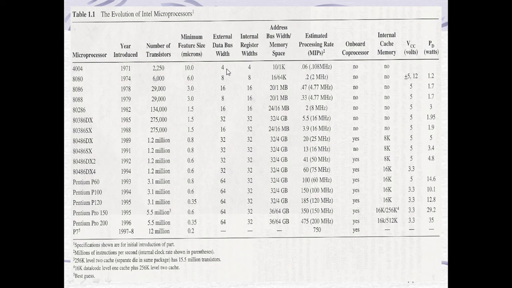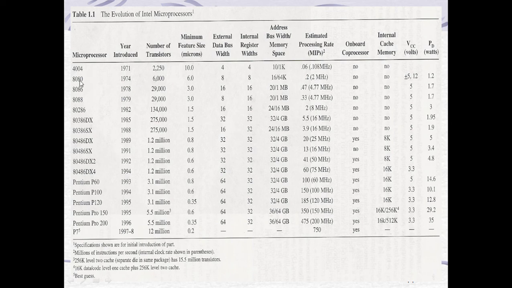It could transfer just 4 bits of data at a single time. The internal register width was 4. The address bus width was 10. With these 10 address lines, it could support 1 kilo locations. The speed is given here in megahertz. There was no onboard coprocessor and no internal cache memory, and these are the voltage requirements.